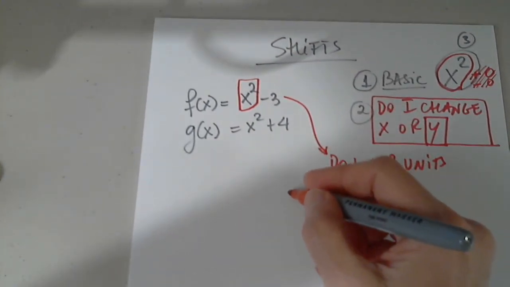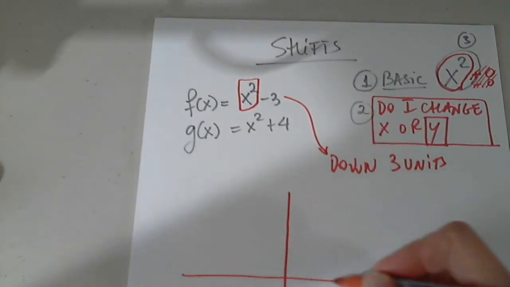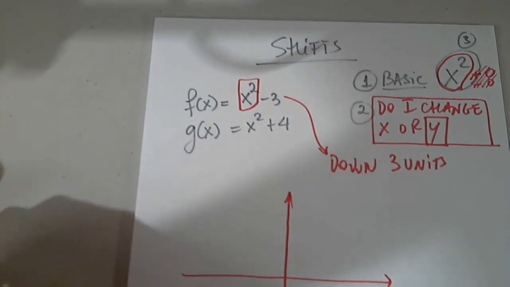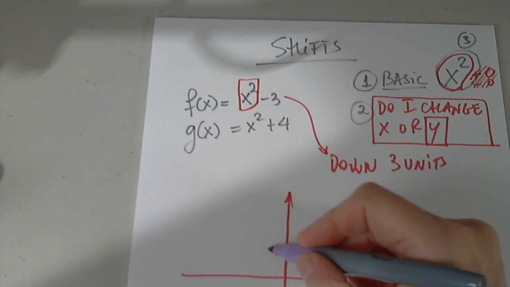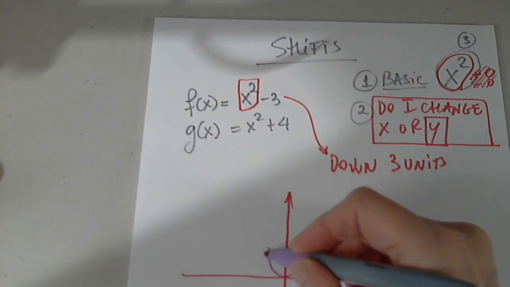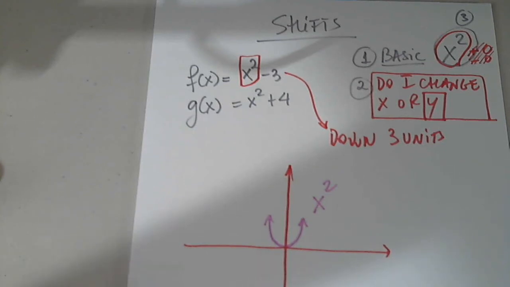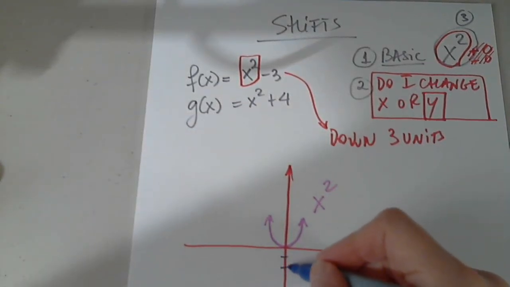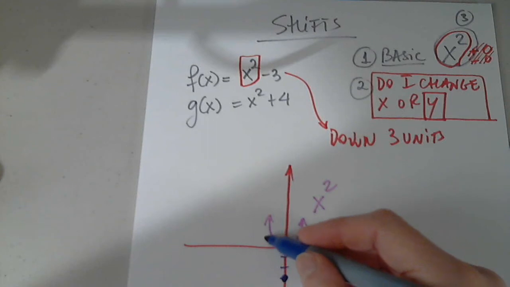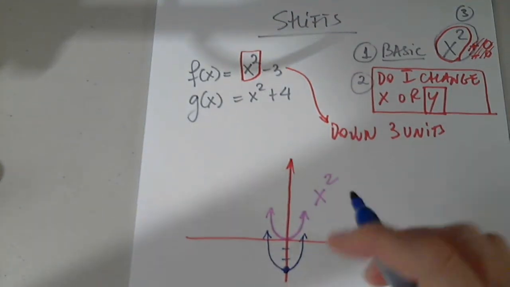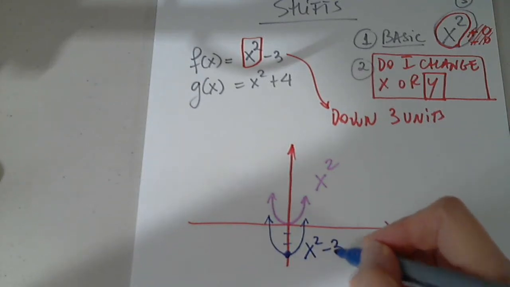So when I graph the base function, I will always graph the base function. Here it is. This is x squared. But now I have to shift this graph 3 units down. 1, 2, 3, right here. And this is the graph. Same shape, everything the same, just a shift. This is x squared minus 3.